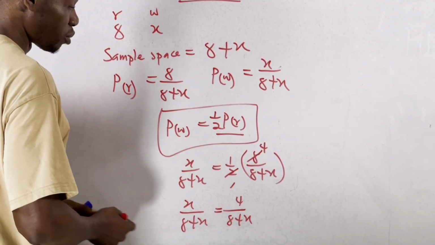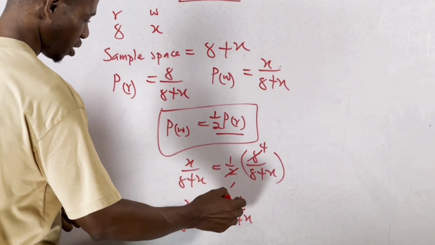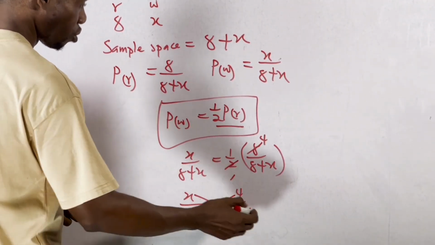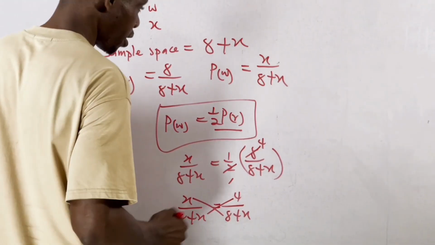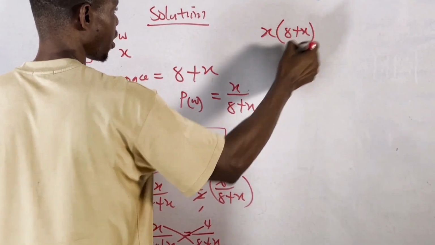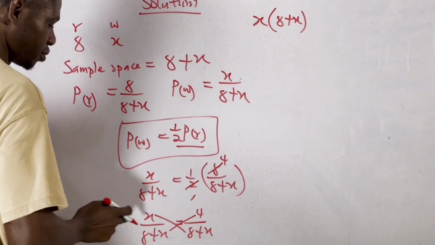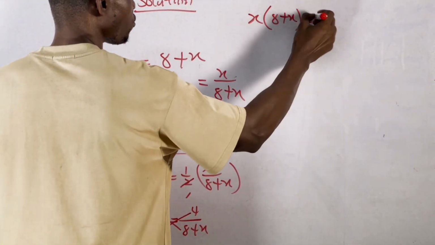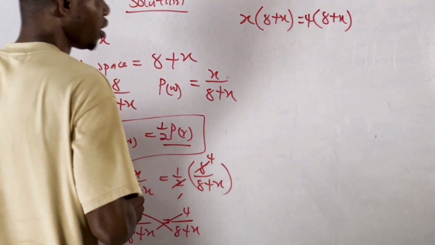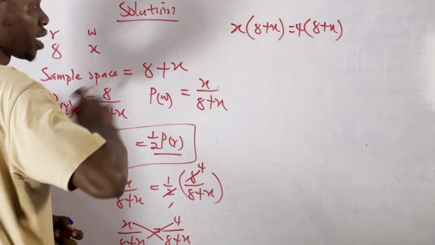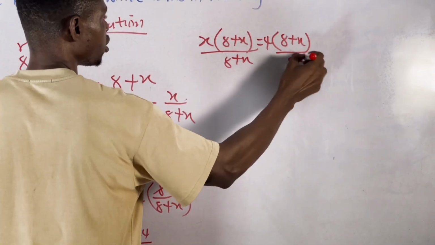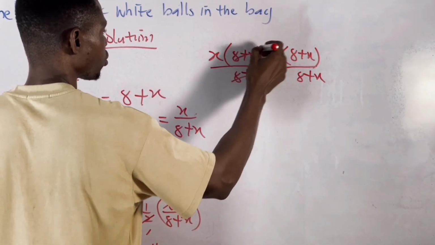But if you prefer to cross multiply, which is recommended, let's do that. So x times 8 plus x is equal to 4 times 8 plus x. Now if we divide both sides by 8 plus x, 8 plus x over 8 plus x, this will cancel this.